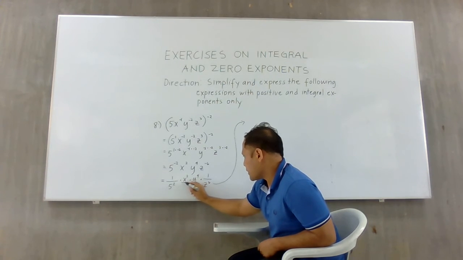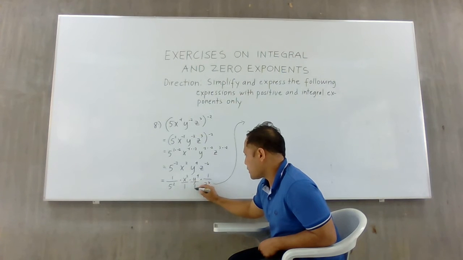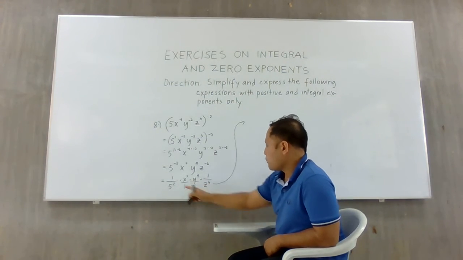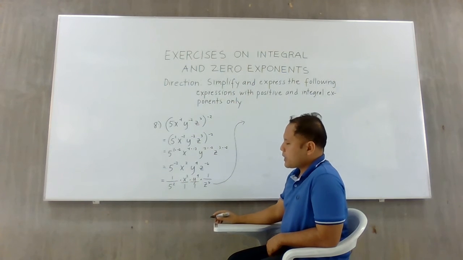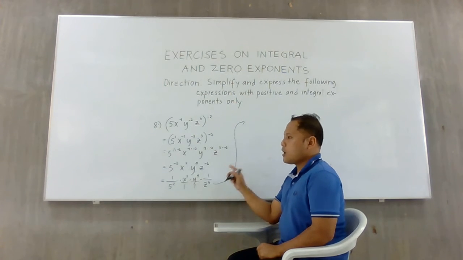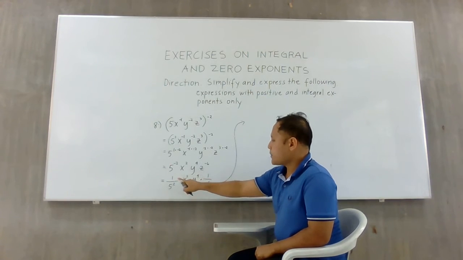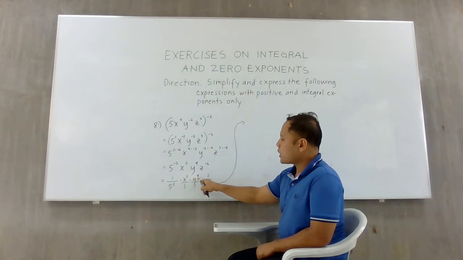These two factors here are understood to have one as denominator. So we are multiplying four fractions here. Multiply directly the terms in the numerator. Multiply directly the terms in the denominator. So 1 times x squared times y to the power of 4 times 1.